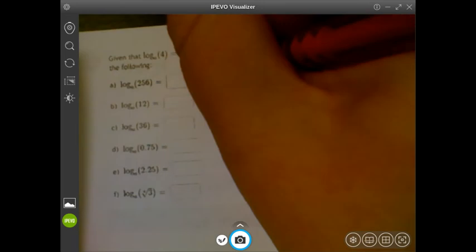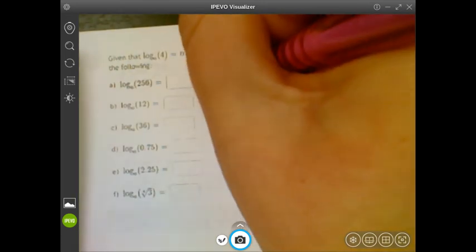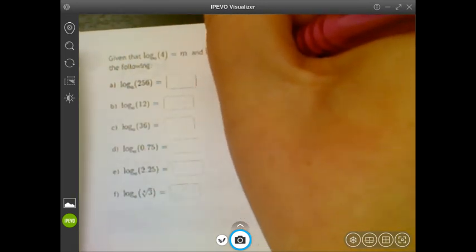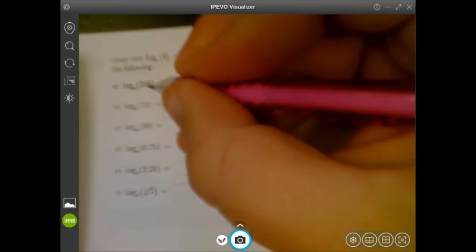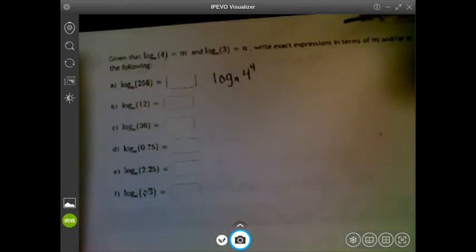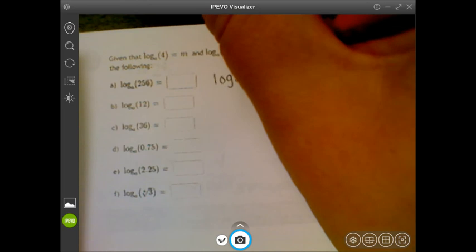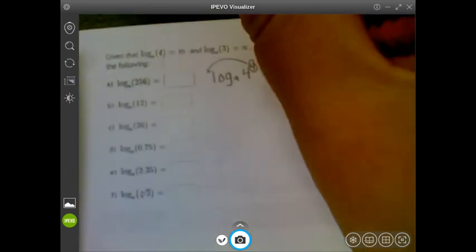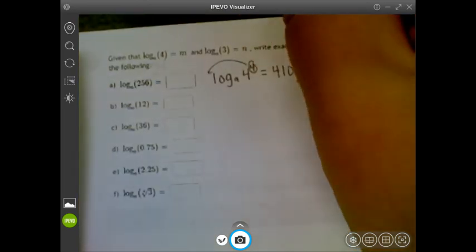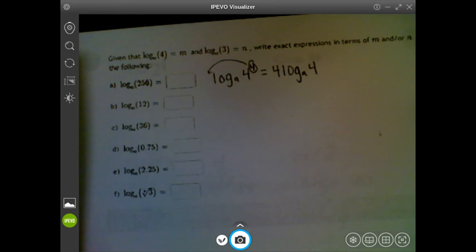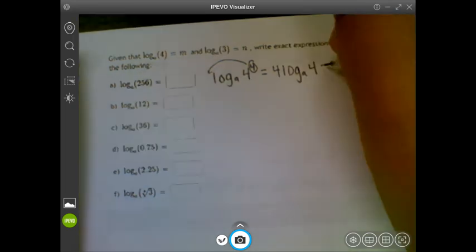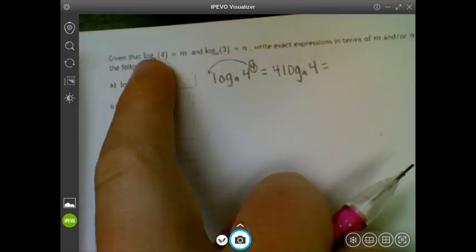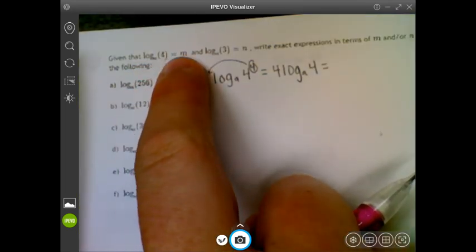So what we're going to do is we're going to say log base a of 4 to the power of 4. And that is the same as log base a of 256. And so what we can do is we can use our properties to bring the 4 into the front and have 4 log base a of 4. And in the stem of the question, it says log base a of 4 is equal to m.